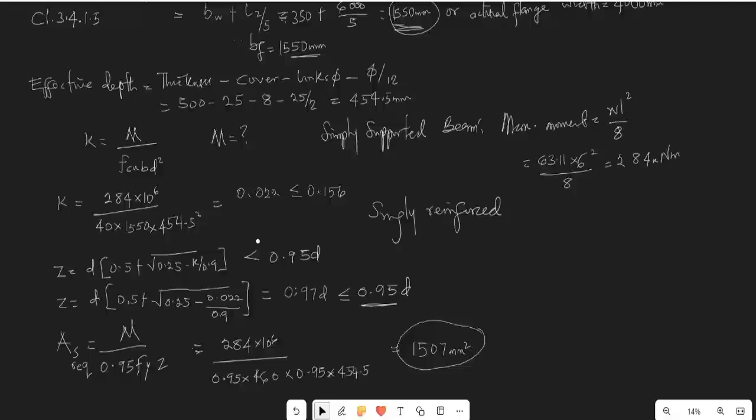So you can divide what you have as your required by one area of Y25 reinforcement. I hope that is clear. So we have the number of reinforcement now.